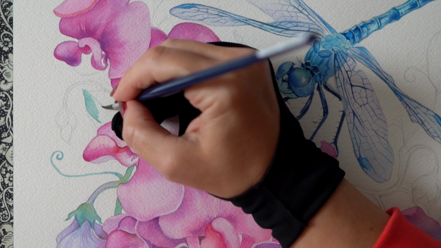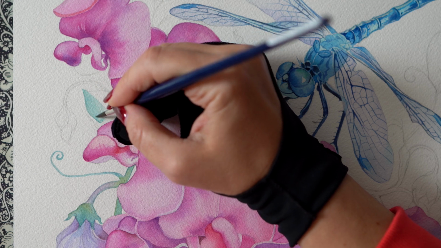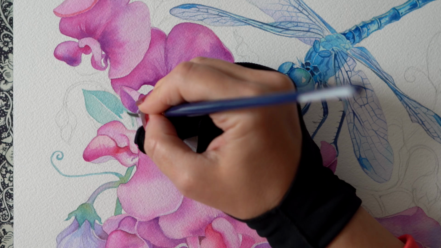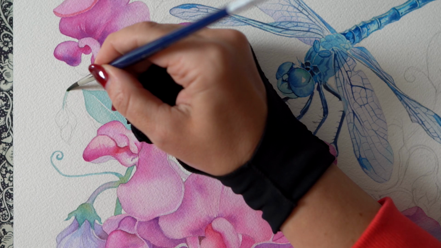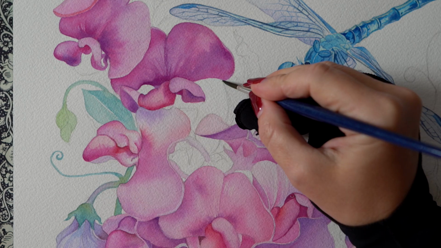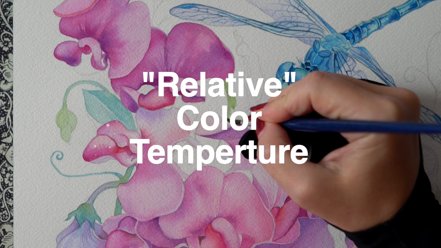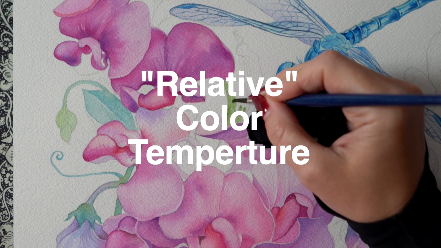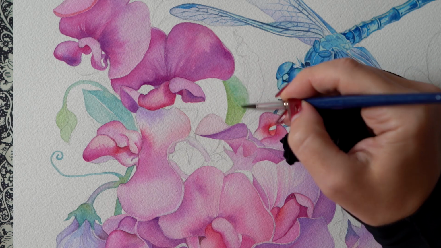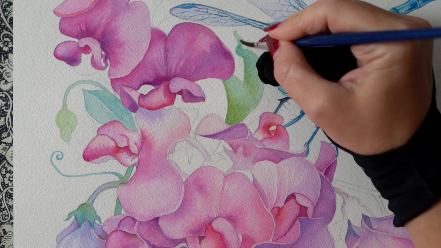And as I'm adding these green details, I will explain to you what is probably the most difficult component of the color temperature concept, or at least it's the one that I find beginners struggle with the most. I'm talking about the concept of relative color temperature. What I mean by that is the same color can be considered warm or cool depending on the colors that surround it.